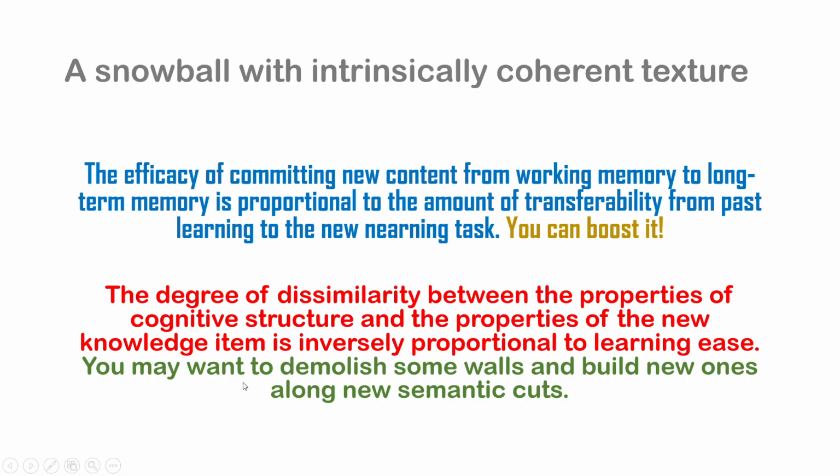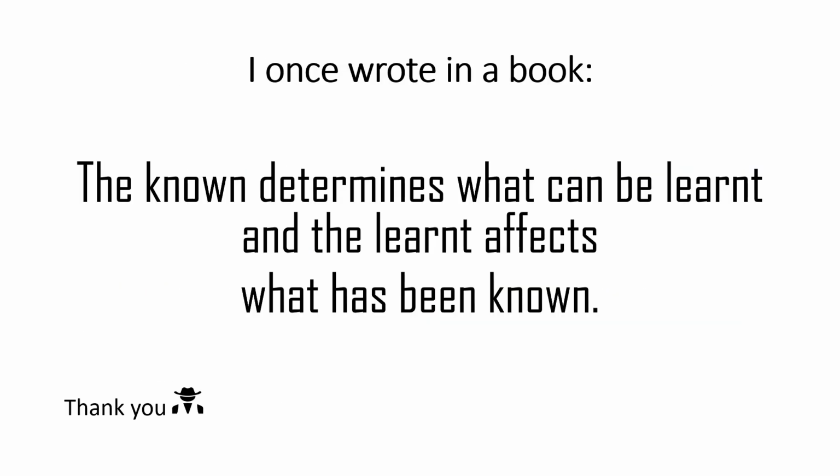You may want to demolish some walls in the thinking room, if you like, and build new ones along new semantic cuts. And I once wrote in one of my books, and I repeat that the known determines what can be learned, but it is for you to find how they can be linked.